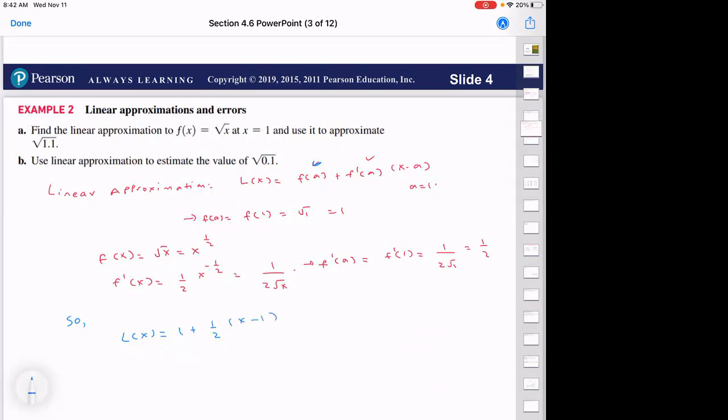If you multiply by 1/2 there, you get 1/2 x minus 1/2, so 1 minus 1/2 is positive 1/2. Or you can factor out 1/2 and just write (x plus 1)/2.